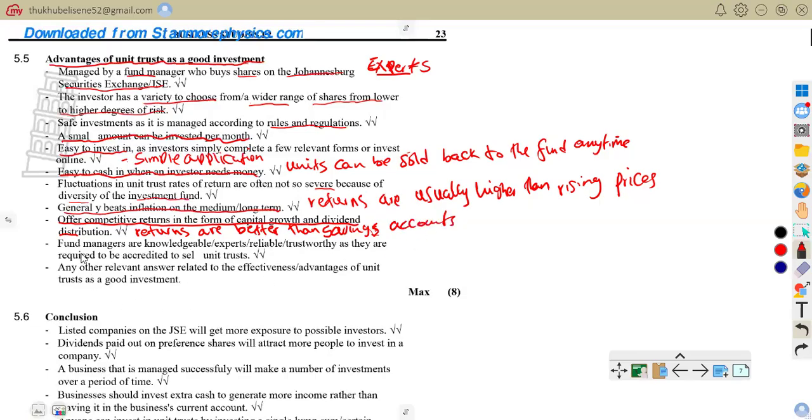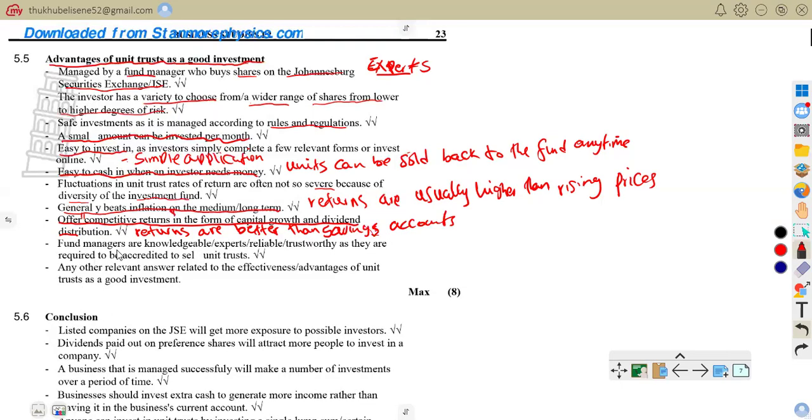That's what it means when you're saying it offers competitive returns in the form of capital growth. The capital is going to grow because of the returns and dividend distribution. That is that.